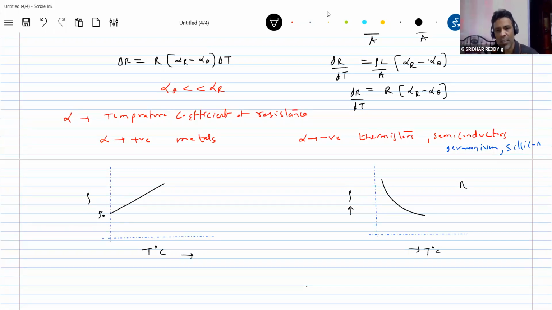We'll go for the application problems in the next hour: how to find out the resistivity of different shaped conductors. Different shaped conductors means, like we have already discussed, cylindrical and tapered rod, and also the thick sphere.